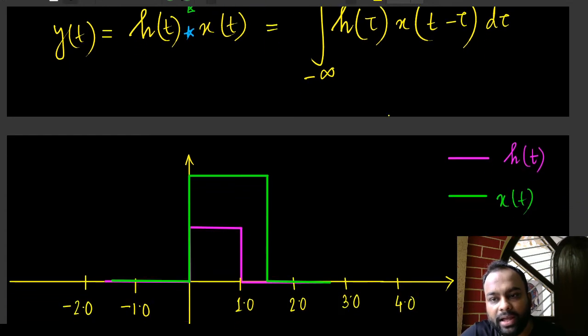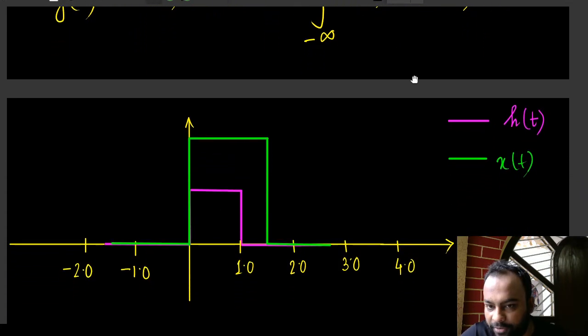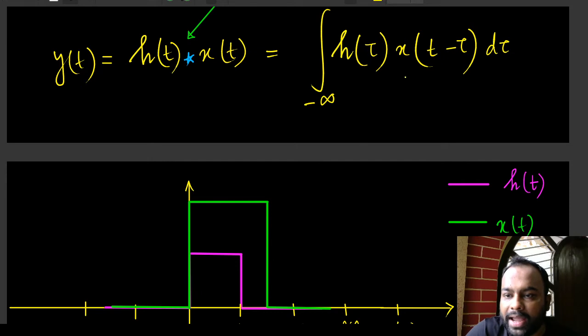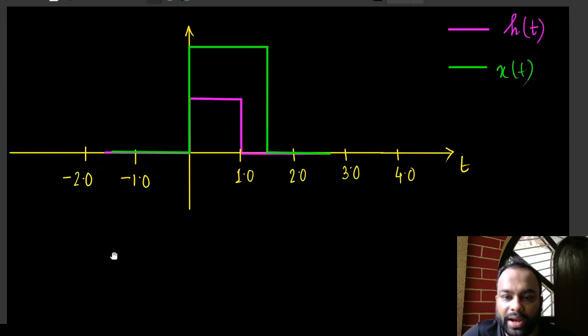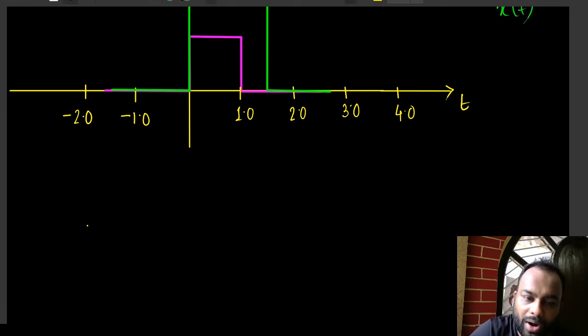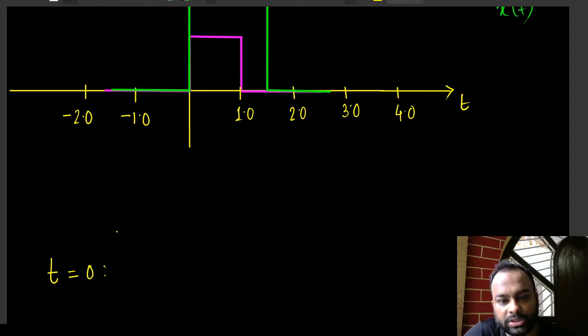So again, try to follow carefully. Look at this green one, for example. Let's try to calculate what happens when t is equal to 0.